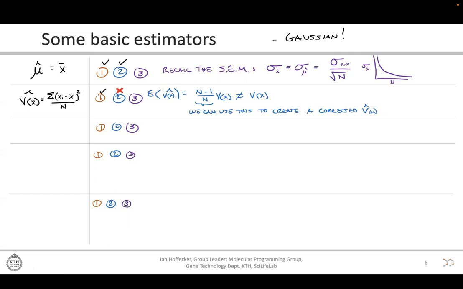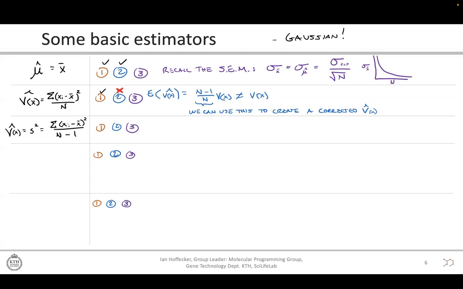So the expected value, or the mean of v hat in this case, actually is not equal to the population v. And this has been proven and shown. Instead, it's equal to this quantity here. And this can be used as the basis for creating a corrected version of v hat.